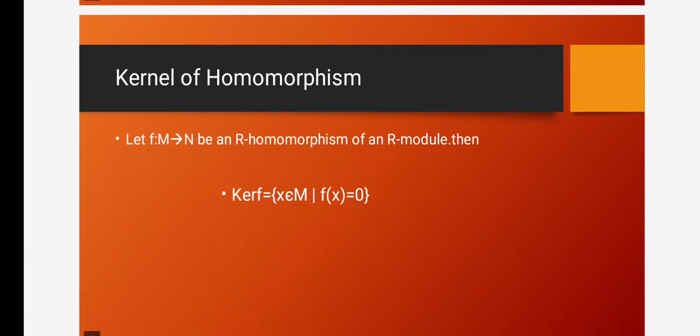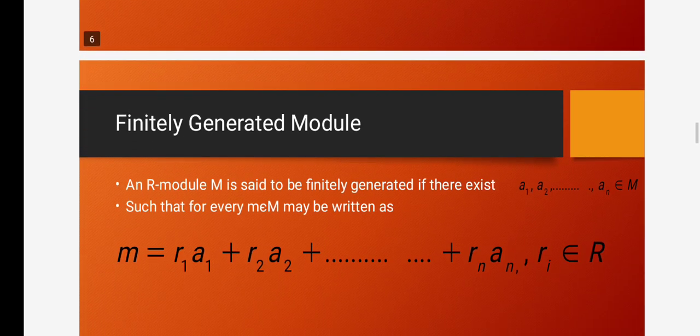What is the kernel of a homomorphism? f is a mapping from M to N, an R-homomorphism of R-modules. Then kernel of f is equal to the set of x belonging to M such that f of x is equal to 0.